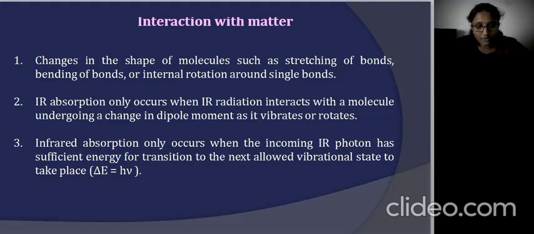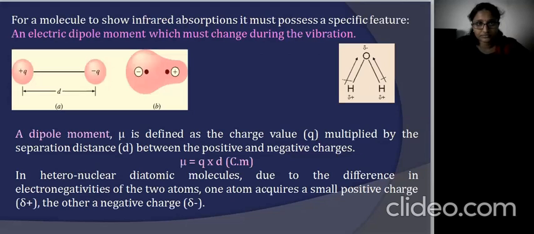So not all bonds in a molecule are capable of absorbing IR energy. For a molecule to show a vibrational spectrum, it must possess a specific feature, that is an electric dipole moment, which must change during the vibration.